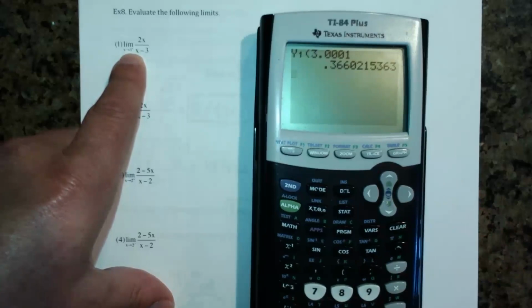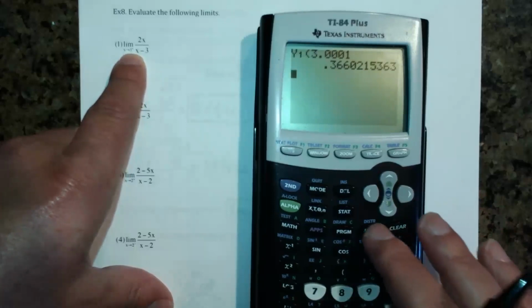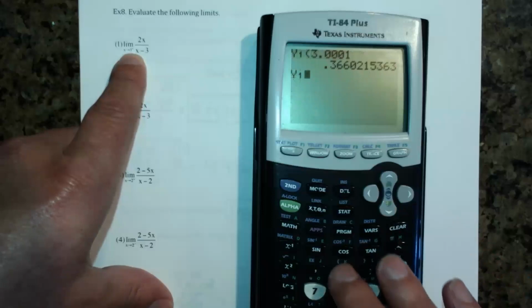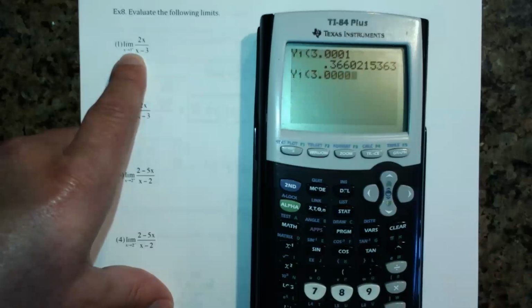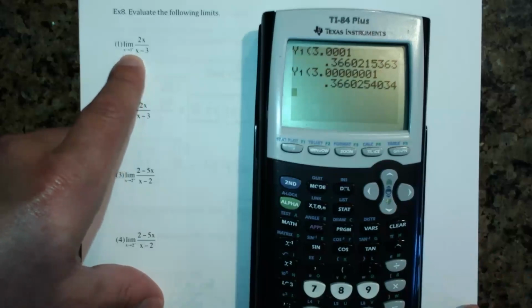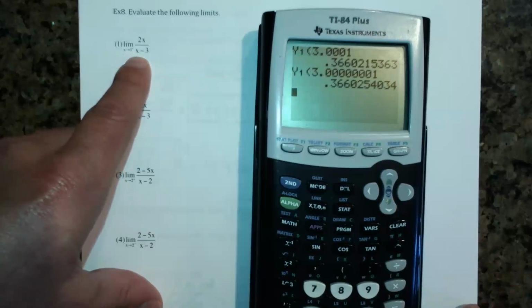Let's do it again even closer. Vars, y vars, function, 3.00000001. Okay. So it looks like we are approaching a specific boundary here.